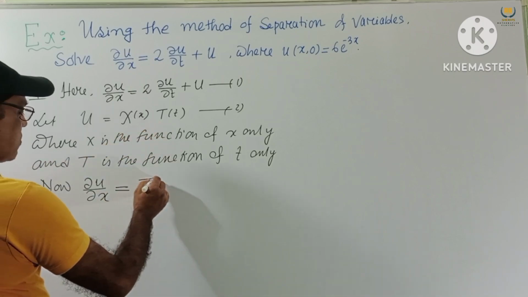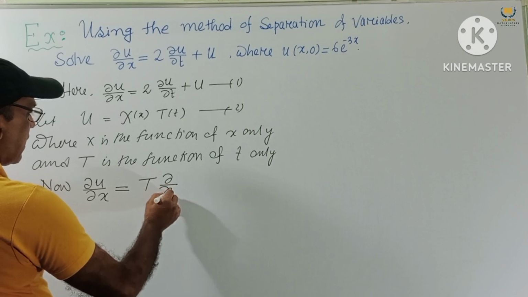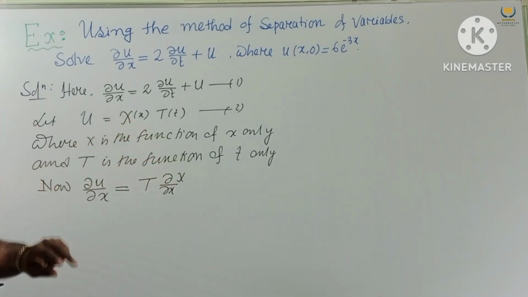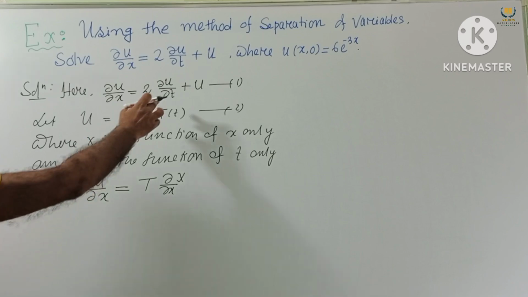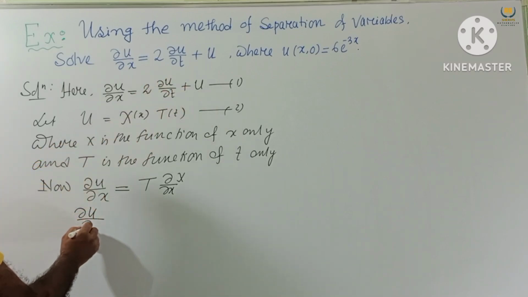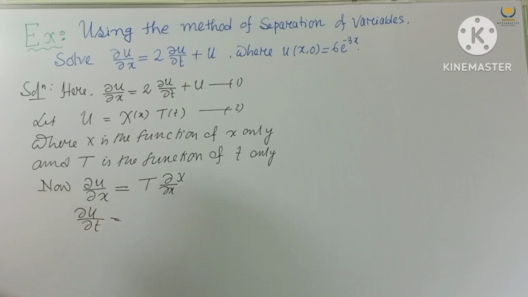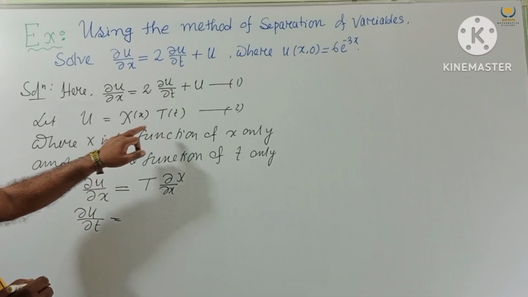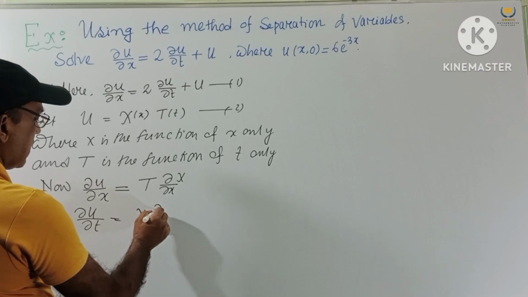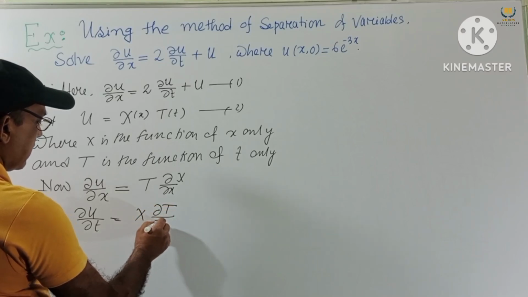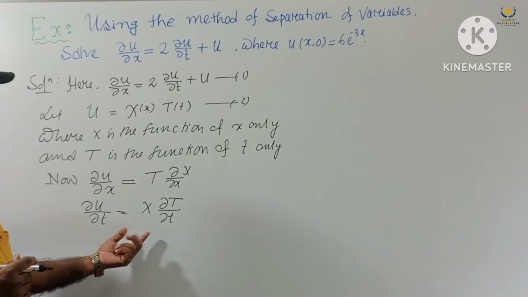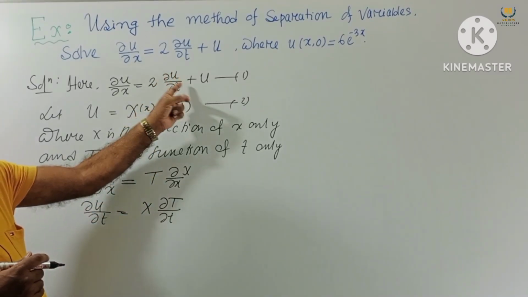So T is outside, we get ∂X/∂x, and only simply we write T. Again ∂u/∂t is given, we write ∂u/∂t, and we differentiate partially with respect to t, which means X is constant. So X ∂T/∂t. We get this. Now we put this value in equation number 1.